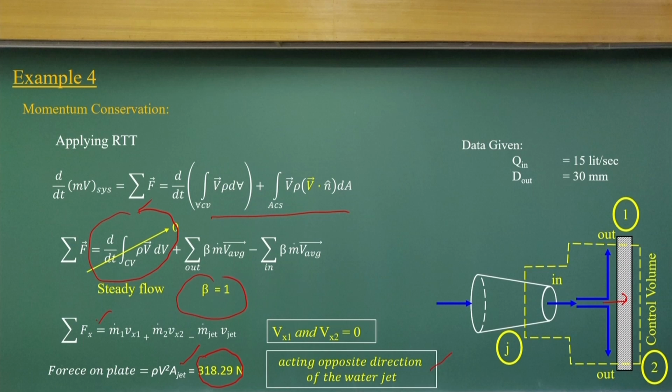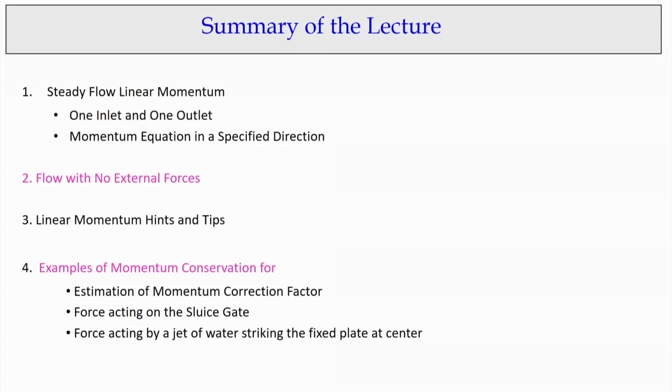So, this way we have solved the 4 problems. Let me summarize what we discussed: how we can simplify the linear momentum equation for one inlet, one outlet condition. We can apply the momentum equation for a specific direction instead of the vector equation. We also discussed that the linear momentum equation can be applied where no external forces exist.